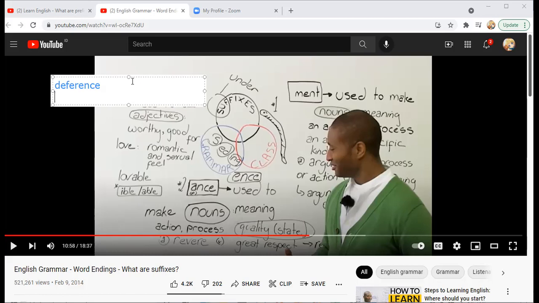Deference. He addressed her with deference due to age.